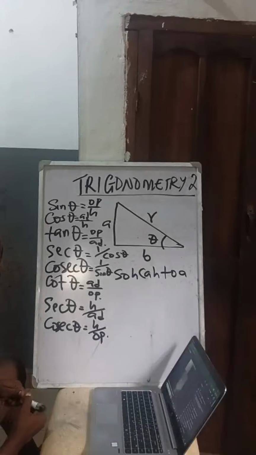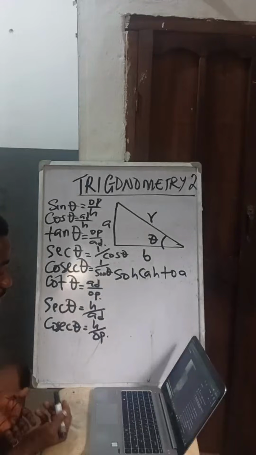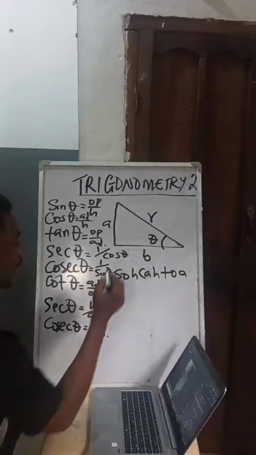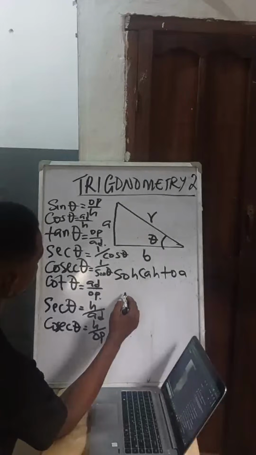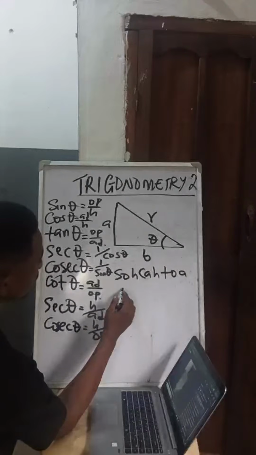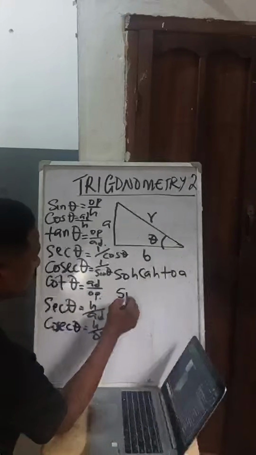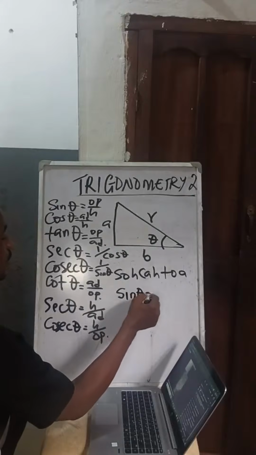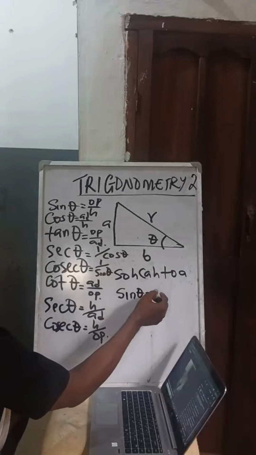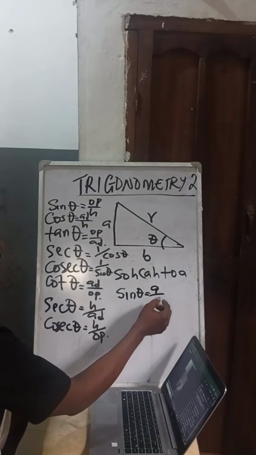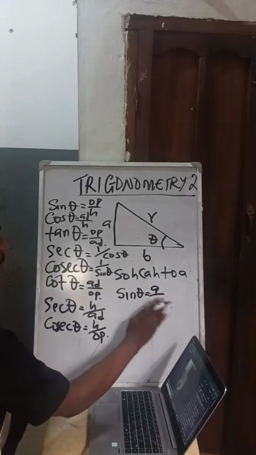So let's pay attention to trigonometry 2. Now, because we have known sine theta, cos theta, SOH CAH TOA, opposite, adjacent, we have to say that sine theta is equal to opposite, A over r, sorry.